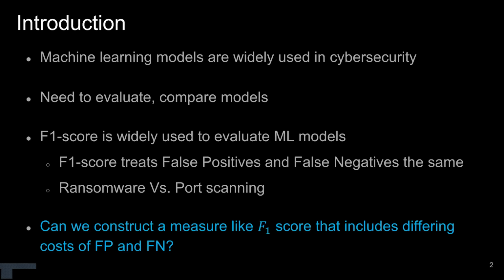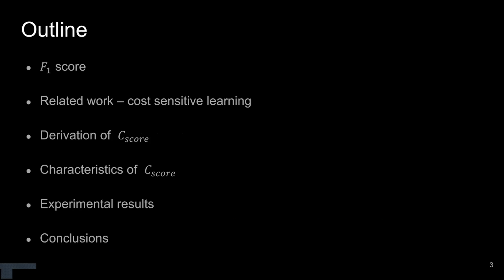So in this research, we try to come up with an alternative for F1 score that is cognizant of the differing costs of false positives and false negatives. This is the outline of the talk. I'll start with a brief definition of what F1 score is. Most of you are already familiar with it. Then I'll talk about some of the related work in cost-sensitive learning.